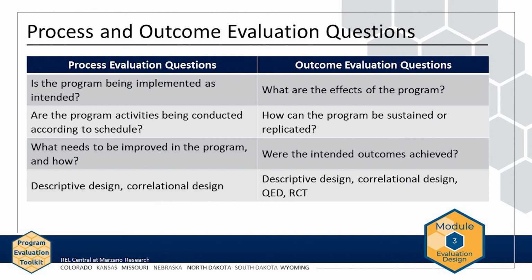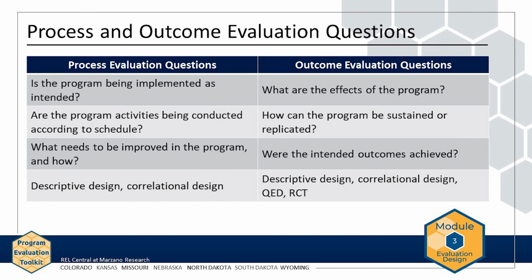For instance, in the prior AMP example, the evaluation included a descriptive design, a correlational design, a QED, and an RCT. The descriptive and correlational designs provided process information on student needs and informed the type of supports that might be helpful.